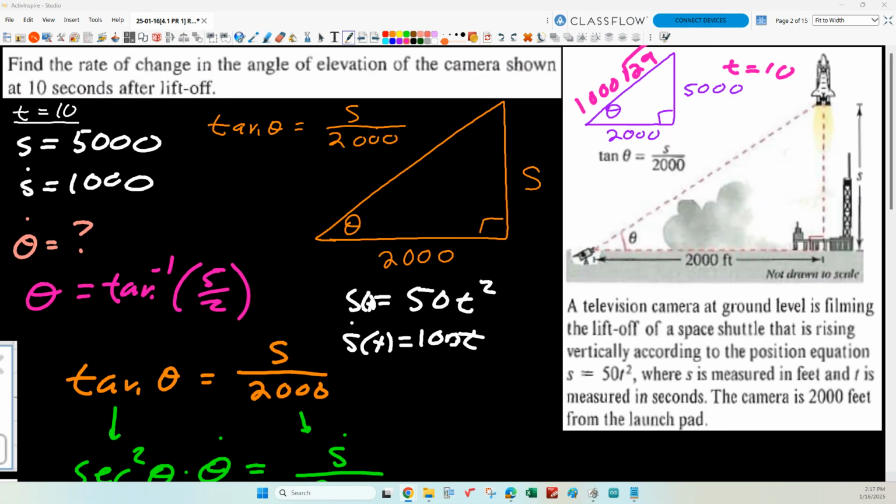What would the units be if we're calculating theta dot? It tells us we're measuring time in seconds. So degrees per second? That sound good? Degrees per second?